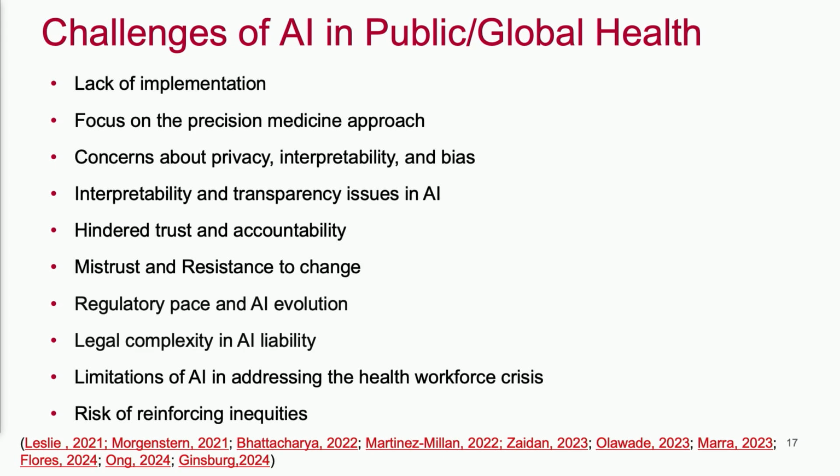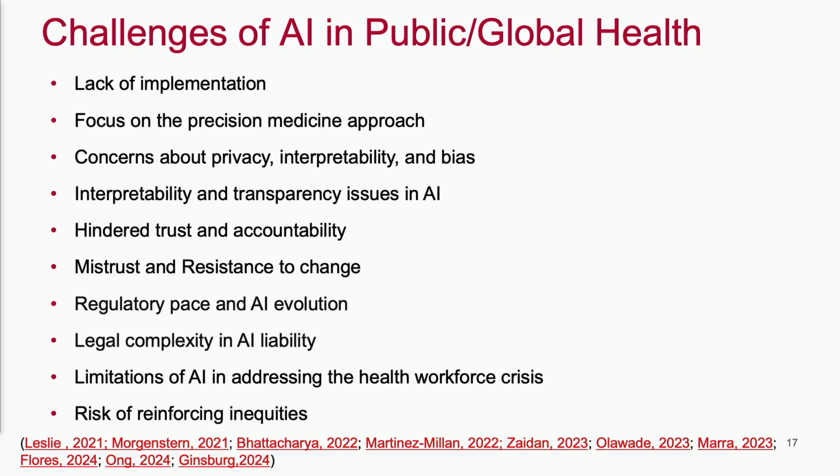Also, there is legal complexity in AI liability, and who is responsible for AI-based public health policies or AI-based public health programs implemented at a populational level. There is no answer currently.